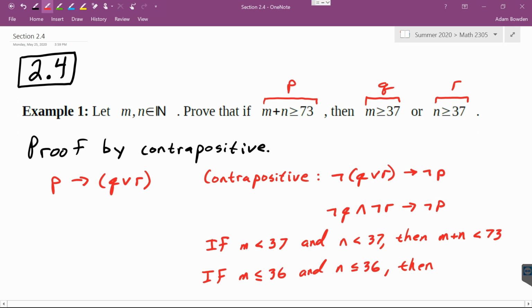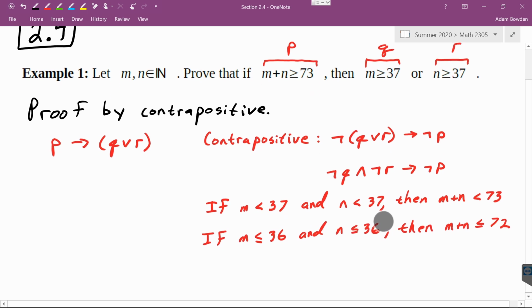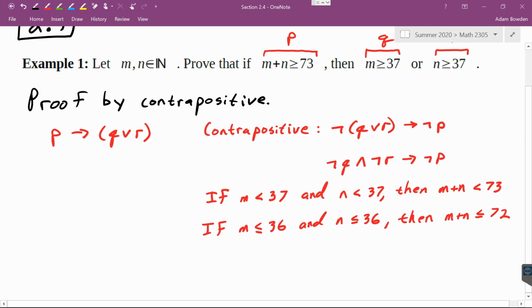It also means I can say m plus n is less than or equal to 72. That way it's easier to read, because when I say less than 37, it's not exactly clear what number I'm going up to. Here I can say up to and including the numbers 36 and 72, since we have integers here, so it's all the same.